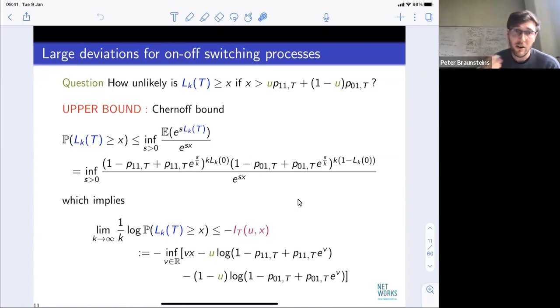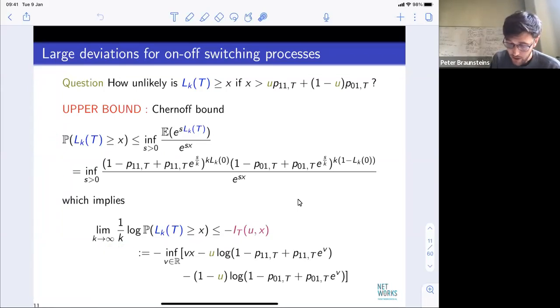The next thing we need to notice is that this probability, we know that it's going to converge to 0, but we want to get some kind of limiting result as the number of edges goes to infinity. So we need to arrange this expression a bit to get some kind of limiting result. That's what we do here. We rearrange this expression to get the result.